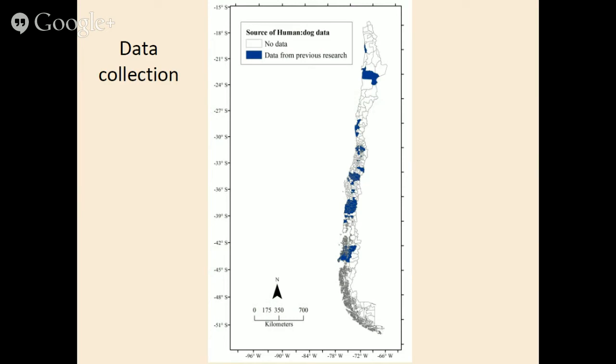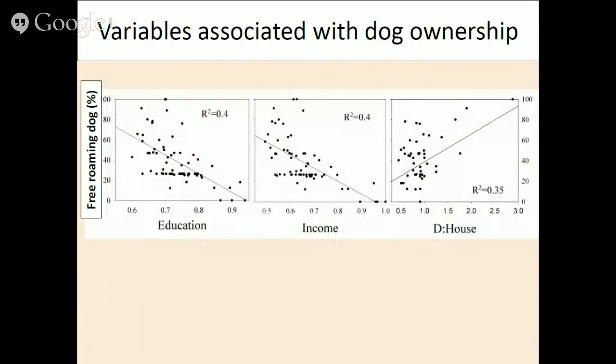What else? Okay, so what we did is that we used the huge amount of data from dog demography in Chile, and we collected data from these counties, so you can see that the information came from different areas across Chile. We found that on the y-axis there is information on free-roaming dogs, the proportion of free-roaming dogs, and that more education means more free-roaming dogs.